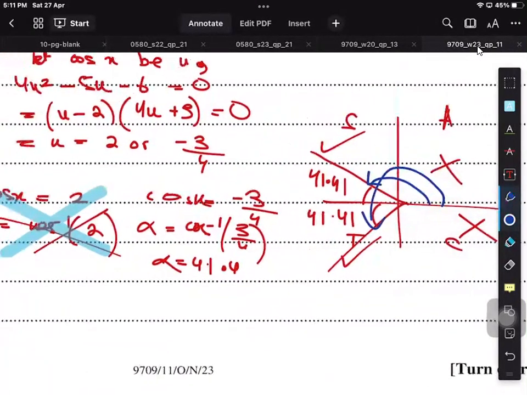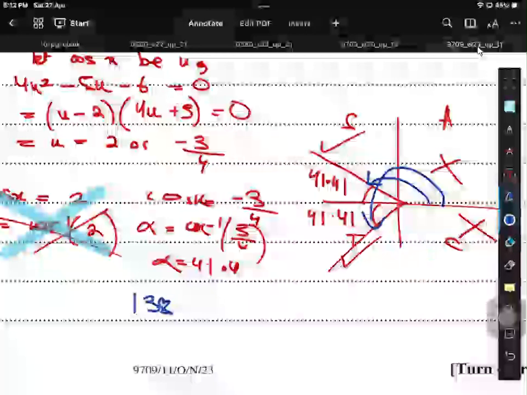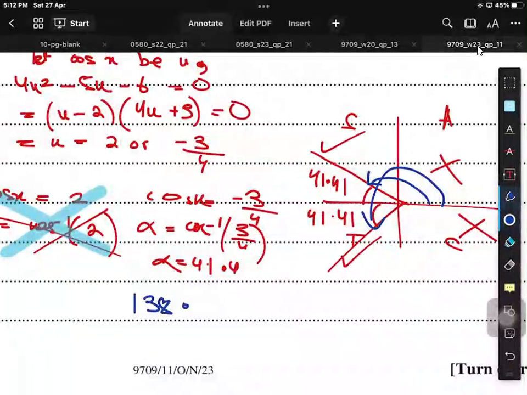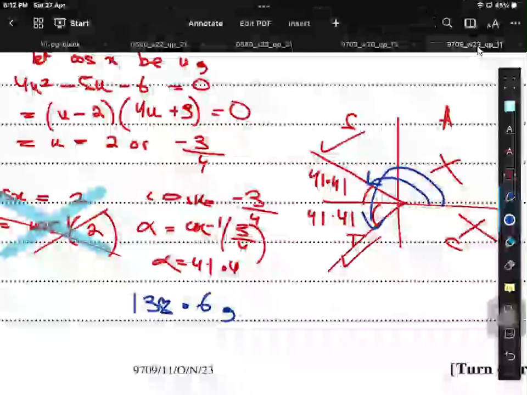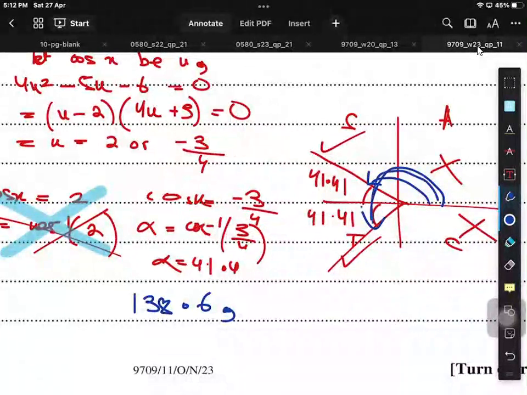The first angle can be found by subtracting the basic angle from 180, which would give me 138.59. And if I estimate to one decimal place, that would give me 138.6. And then I have to add this basic angle to 180 in order to calculate this angle, right?